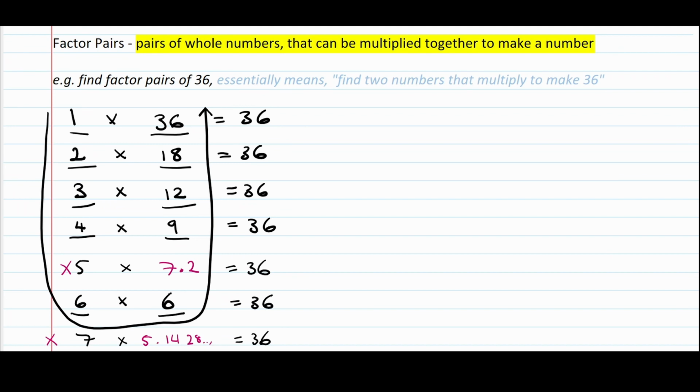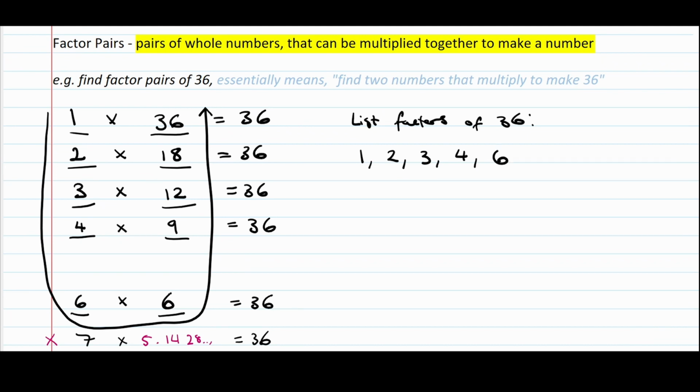So again, what are the factor pairs of 36? Well, it's these ones right here. I'm going to rub off the ones that aren't factor pairs. So the ones in this U arrow that I've drawn are factor pairs of 36. If we were to list all the factors of 36, this is what we'd write down. We write 1, 2, 3, 4, we do not have 5, because as you remember, that was not a factor.